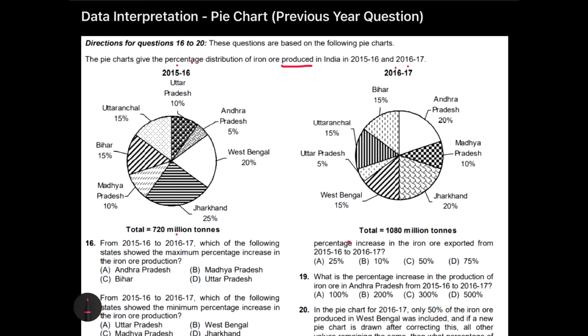The first question is: from 2015 to 16 and 16 to 17, which of the following states showed the maximum percentage increase in the iron ore production? I assume that you know how to find the percentage increase, and if you don't, check the I button at the top.